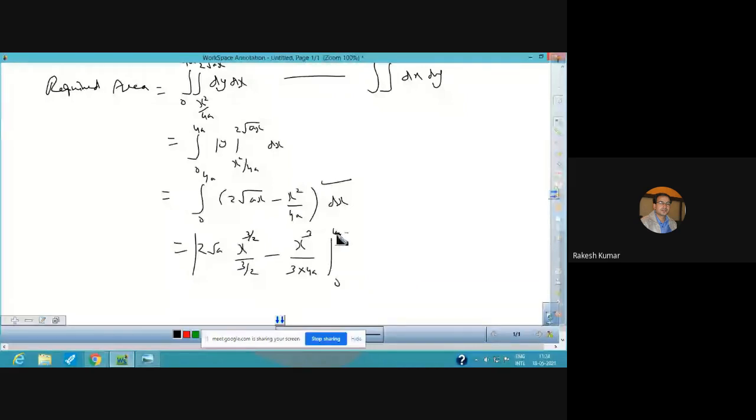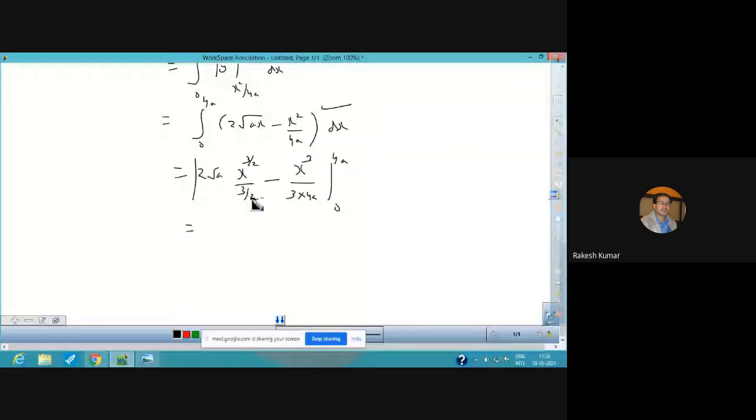Now you can substitute the upper limit 4a here. So this is 2 into 2 is 4 square root a upon 3. So 4a raised to power 3 by 2, and put 4a here. You will have 64a cube upon 12a. And for lower limit 0, this will be 0, this will be 0.